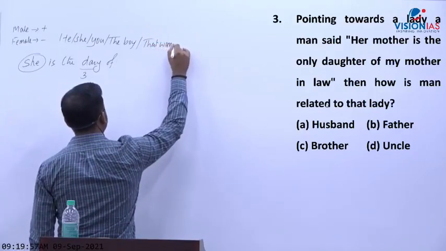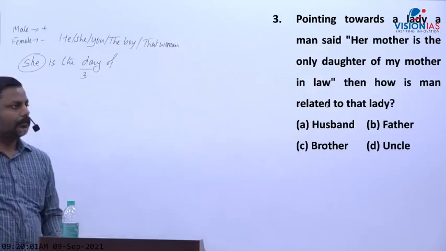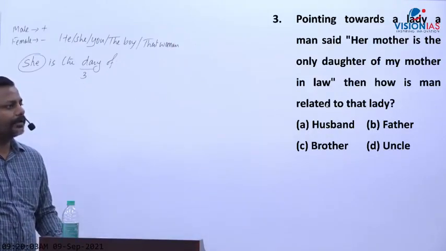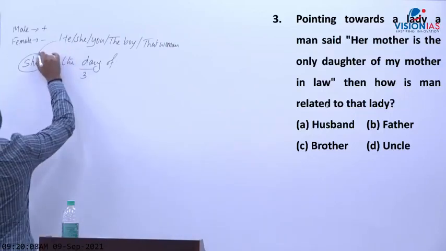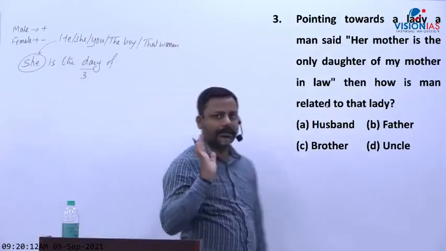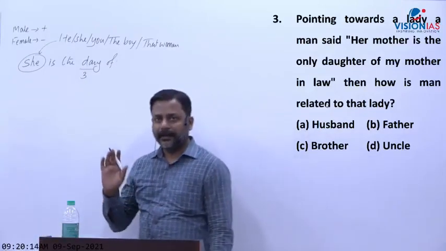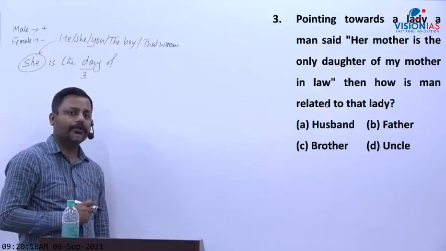Whenever the explanation of relationship starts with these terms, our way of working remains the same. We will directly go for that particular term, my, and from there we will draw the chain of relations.